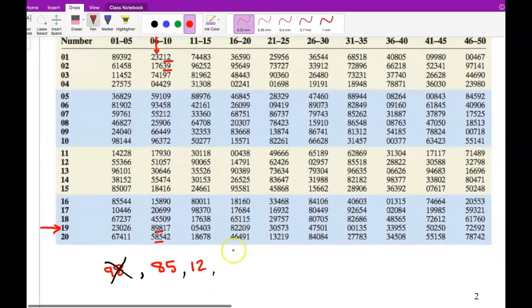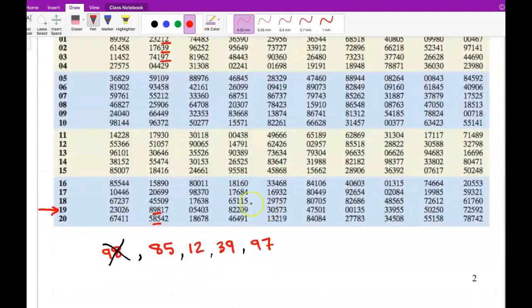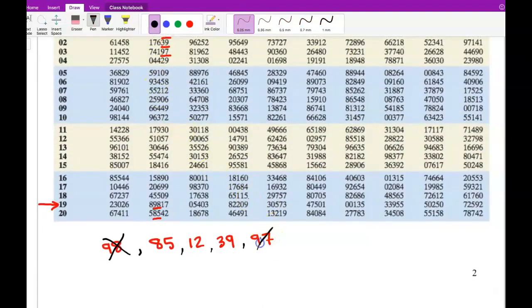Then it's 39. And after that, 97 is greater than 87, so it is not acceptable.